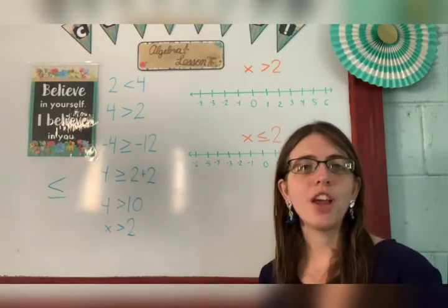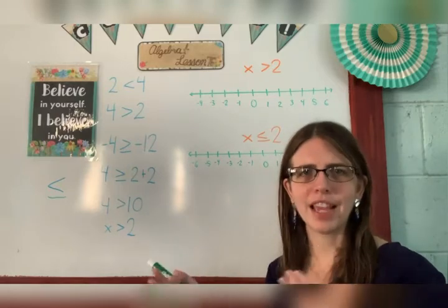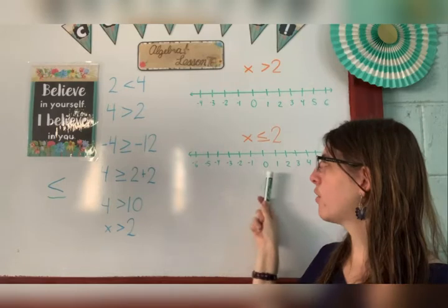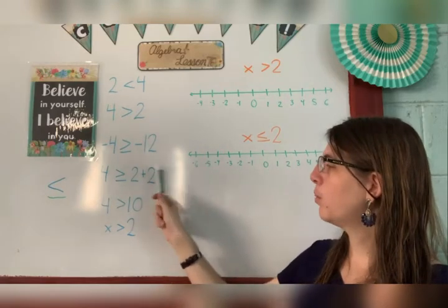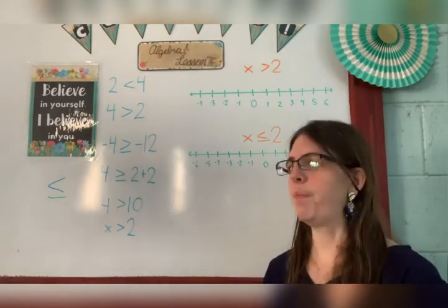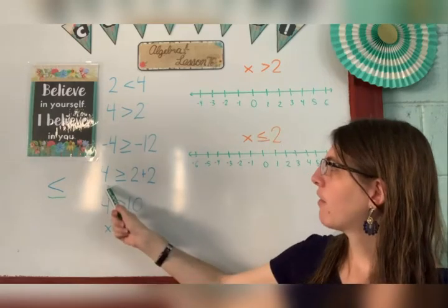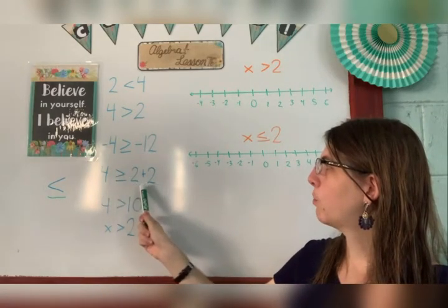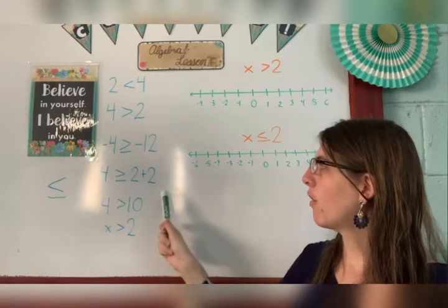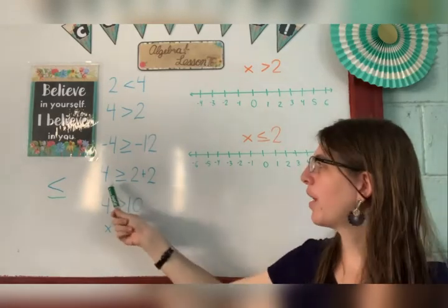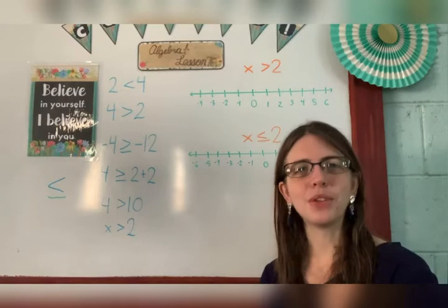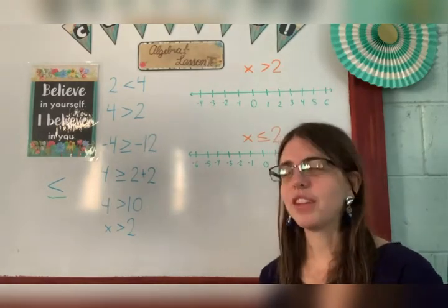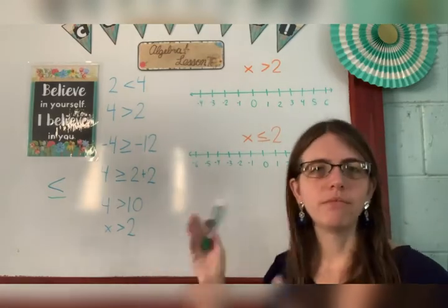Now we already know -4 and -12 aren't the same, so it's not equal, but it is greater because it's farther to the right. -12 is way over here. Here I have 4 is greater than or equal to 2 plus 2. Well, if I solve 2 plus 2, I know that's 4, so I know that 4 is actually equal to 4.